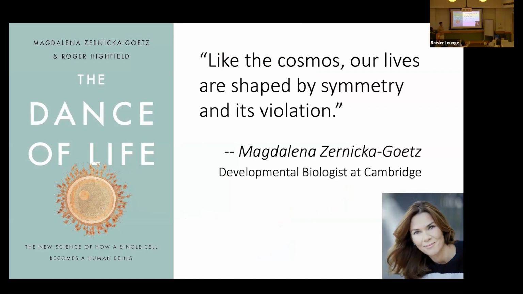It's from a developmental biologist in Cambridge, who studies embryology, how a human life actually stems from a single cell. In the first few pages, she wrote, the cosmos and our lives are shaped by symmetry and its violations. And that's how human life evolves from a single cell.